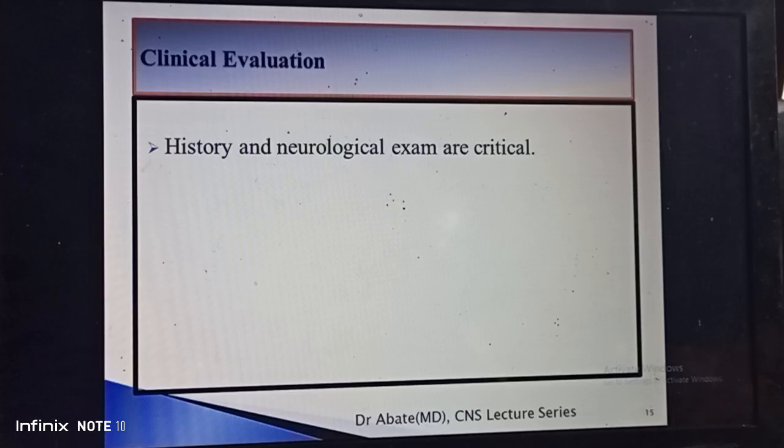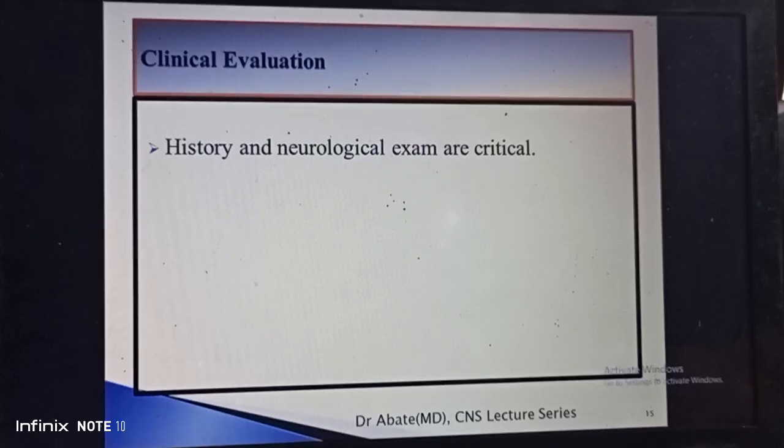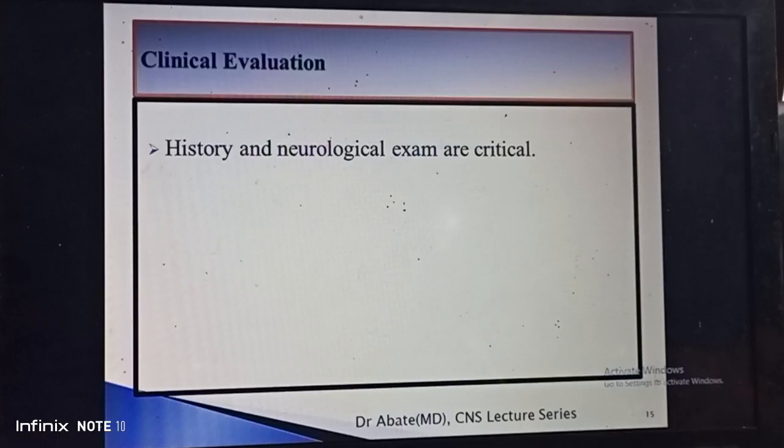You have to do all the neurologic examinations, and other body system physical examinations are also very important. For example, patients with cardiac abnormalities might present with cardioembolic stroke. In such cases, if you do not do a cardiac examination, you may miss the origin of the cardioembolic stroke. The patient might have cardiac findings like atrial fibrillation.